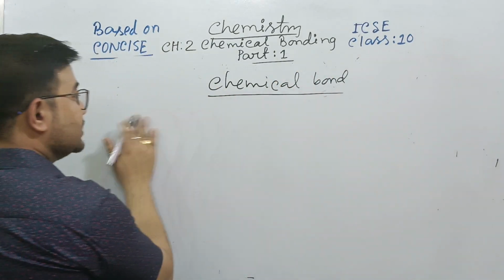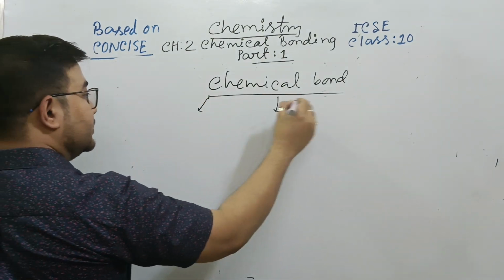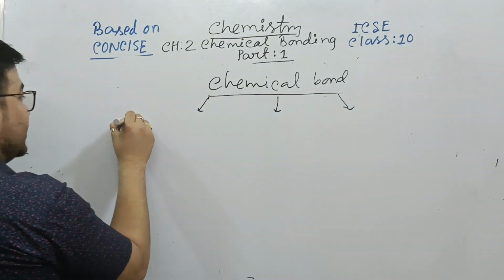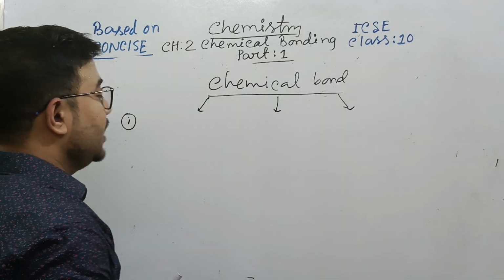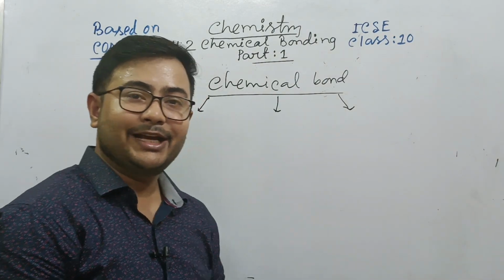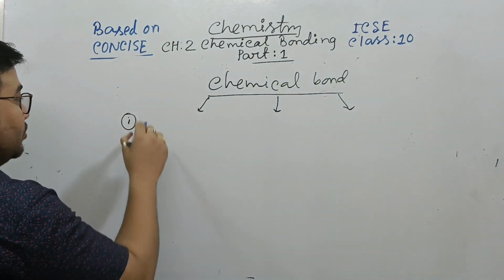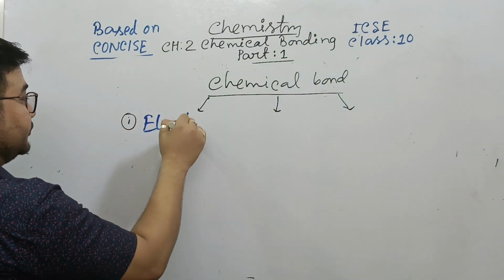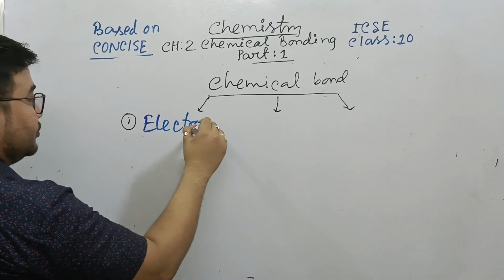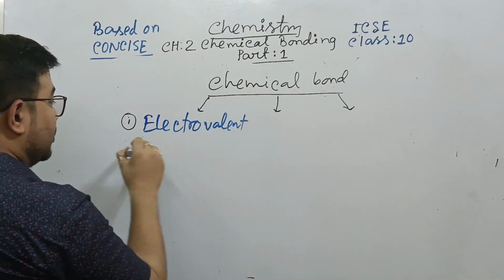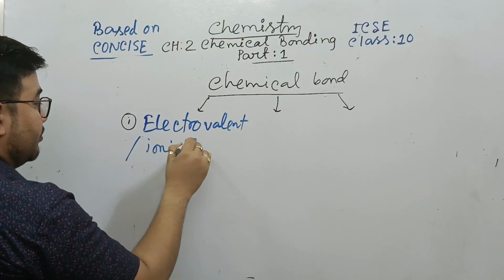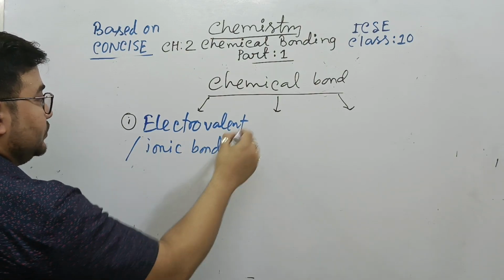These chemical bonds are mainly three types. What is the first type? First type is electrovalent bond or ionic bond. Look at the board. Electrovalent or ionic bond.